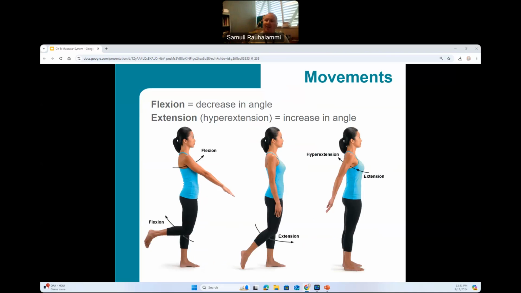In this case, we're extending beyond 180 degrees. So I could do flexion, I could do extension, but I could also do hyperextension. I could go beyond that normal. These hyperextensions do come with the risk of injury sometimes, so we really want to be mindful, if we're hyperextending, that it is safe to do so.